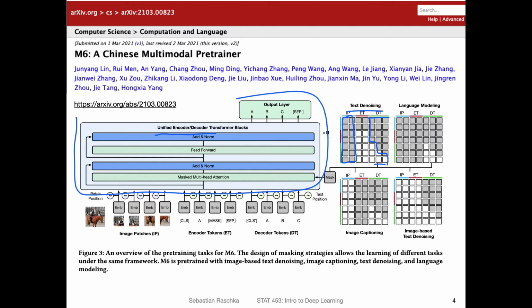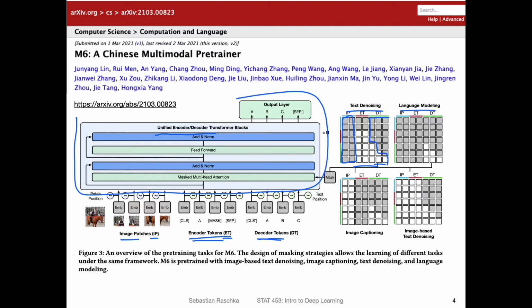So what is IP, ET, and DT? IP are image patches, ET are encoder tokens, and DT are decoder tokens. The encoder tokens you can think of as the input tokens, let's say text input tokens, and decoder tokens are more like the output tokens. So for text denoising, the model gets decoder and encoder tokens.